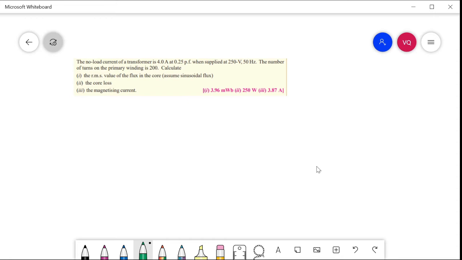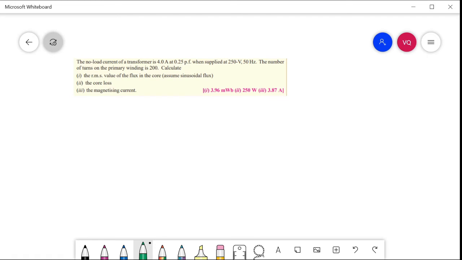Calculate first the RMS value of the flux in the core, assuming sinusoidal flux; 2, the core loss; and 3, the magnetizing current. So we have here R1 and X1 not given, so we will use the first one, where R1 and X1 are neglected.